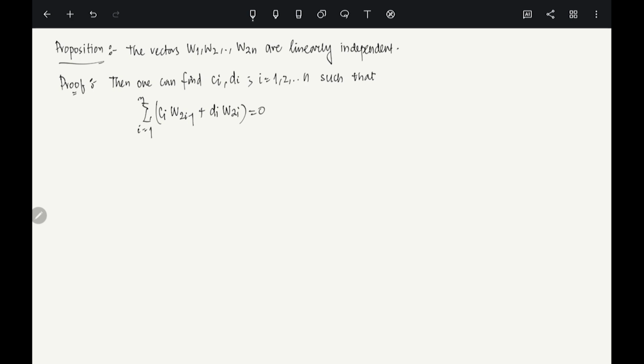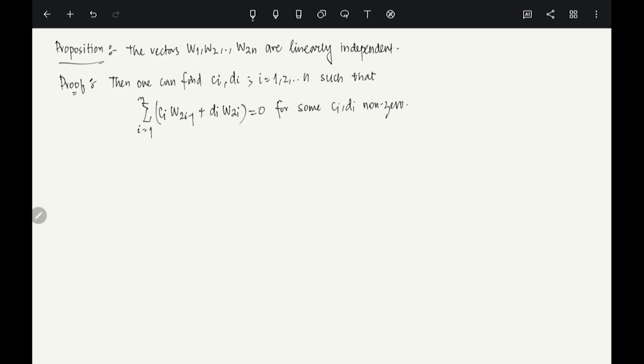Okay, if they are not linearly independent, then this has to be 0 for some Ci, Di non-zero. So essentially, you can find a non-zero Ci or Di, at least something has to be non-zero, such that this relation holds.